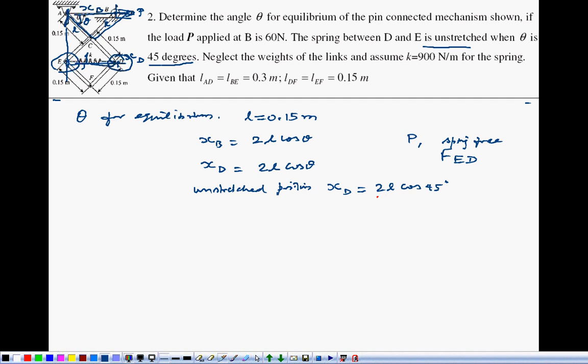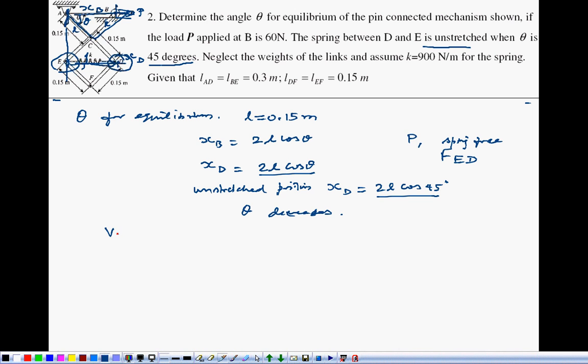It has moved from this cos 45 degrees to L cos theta. As you can see, this movement is rightward, right? The theta keeps decreasing. Theta decreases, right? So how do we write the problem?